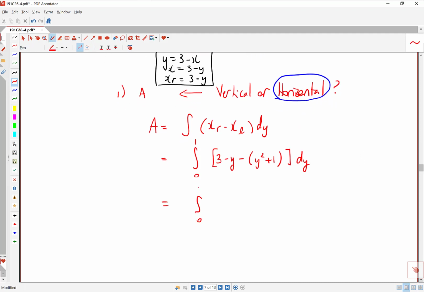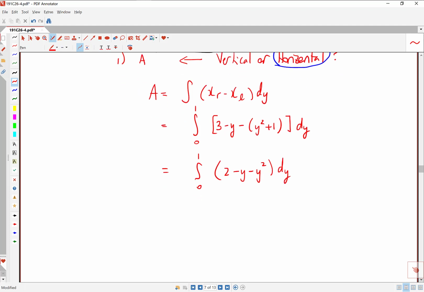So just cleaning up the integrand here, we'd have 3 minus y squared minus 1. And I'm just going to take that 3 minus 1 and write it as 2. So really our integrand is 2 minus y squared, and we're going to integrate that with respect to y. Okay, that seems reasonable. So doing our integration, 2y minus y squared over 2 minus y cubed over 3.